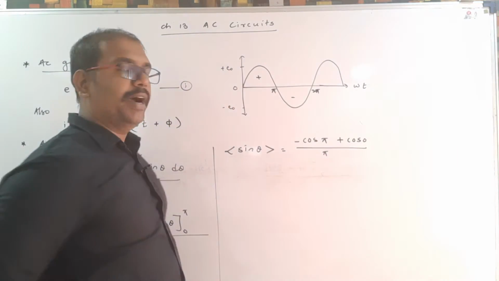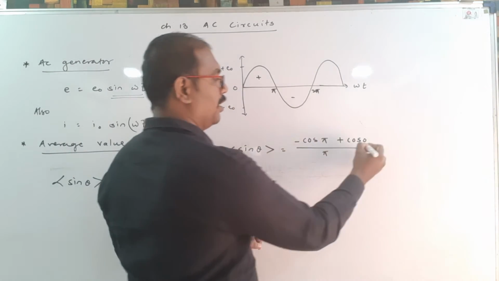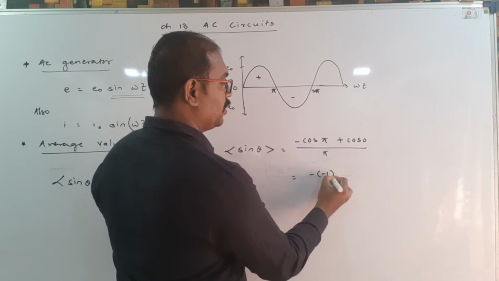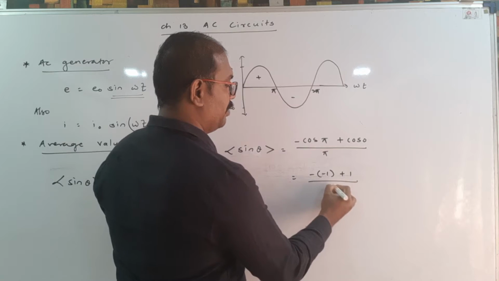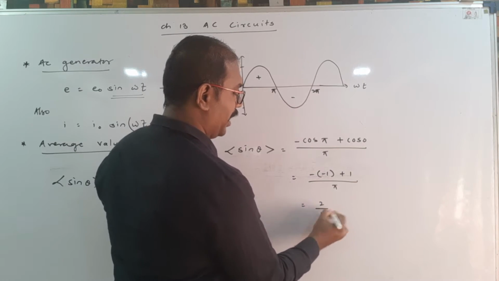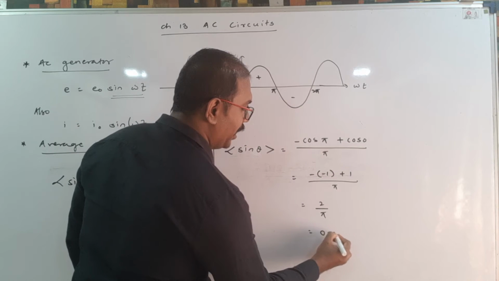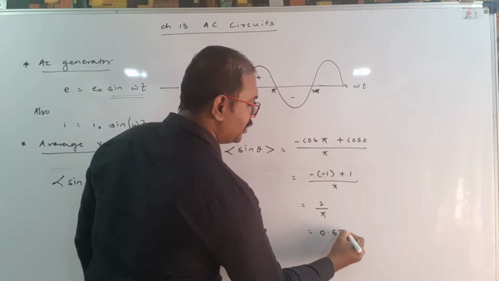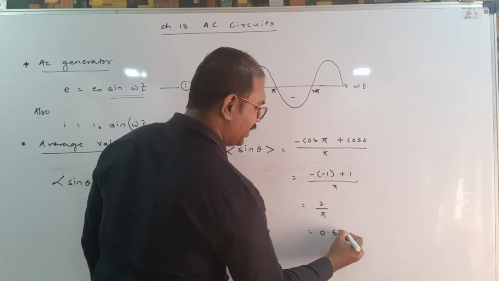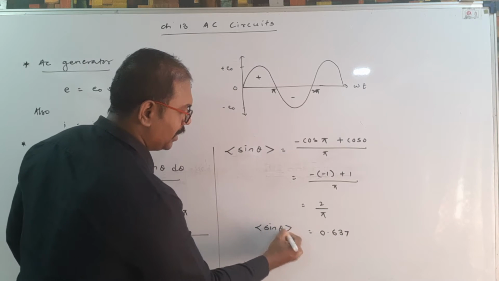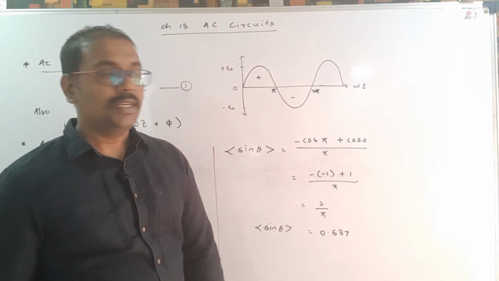So cos π is minus 1, and because of this minus, it is minus of minus 1 plus 1, divided by π. So it is coming 2 upon π. So 2 upon π is coming 0.636 recurring, so 0.637. So this is the average of sin θ.